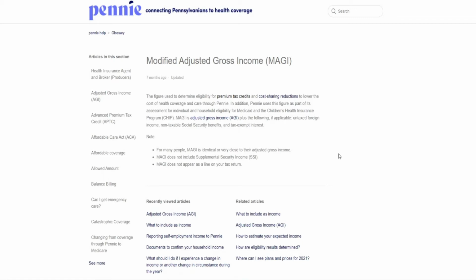Now, we all know that because of 2020, because of COVID-19, even into 2021, there are considerably changing economic conditions throughout the Commonwealth of Pennsylvania. There are individuals who have closed their businesses. There are individuals who are between jobs, who may be in a position where their income has taken a dramatic hit. This is where the modified adjusted gross income comes into play.